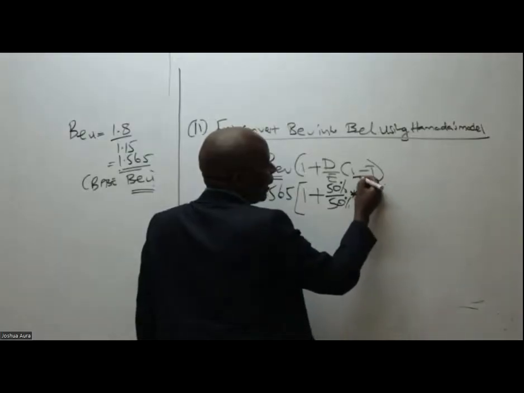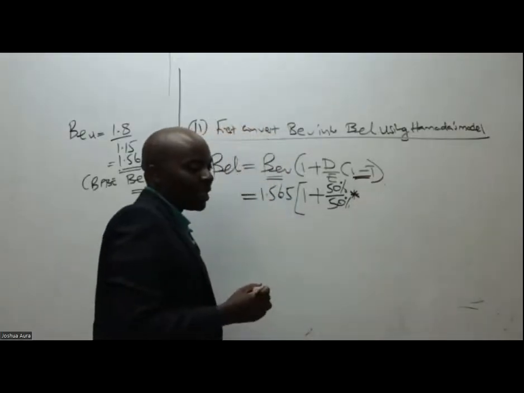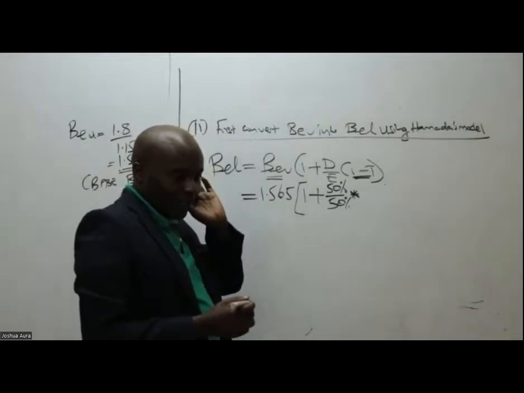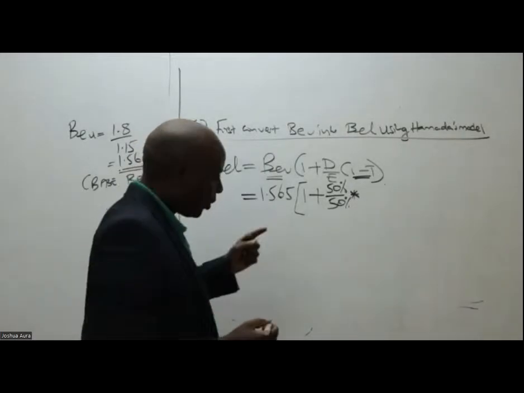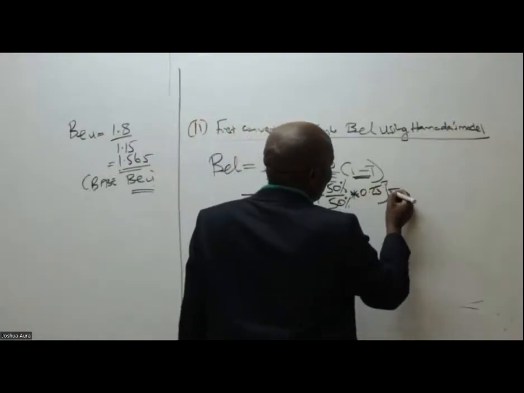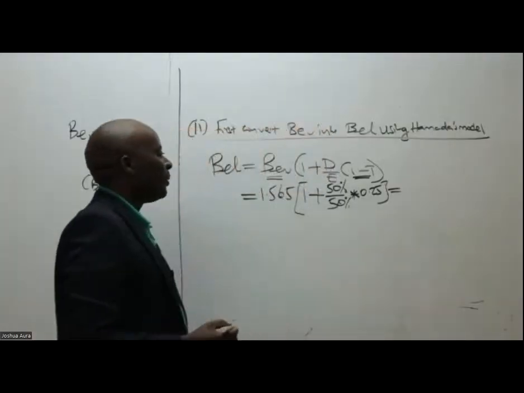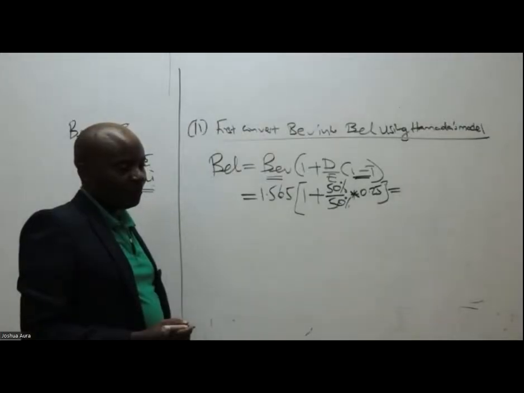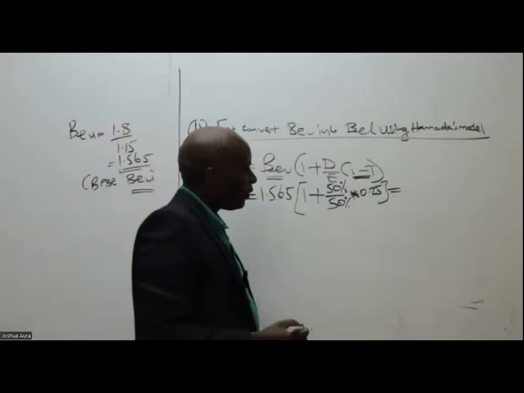Times 1 minus tax. Are you able to remember the 1 minus tax figure? That doesn't keep on fluctuating. 0.25, thank you so much. So then could you kindly give me this beta?